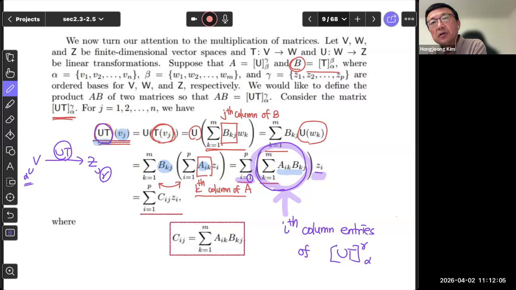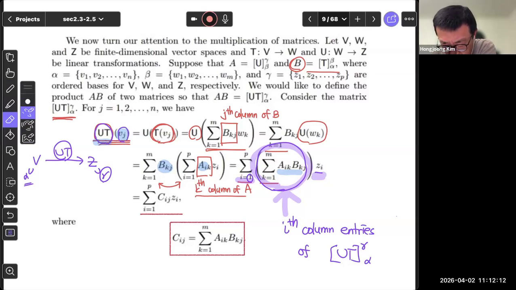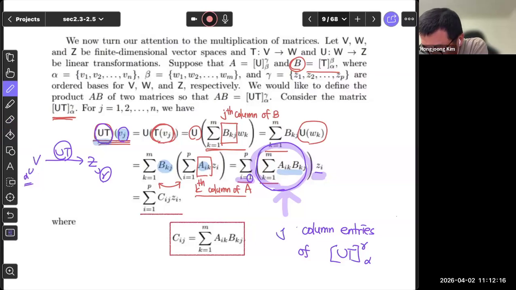Oh, sorry, this is the image of Vj, so this is not the ith but the jth column entries.